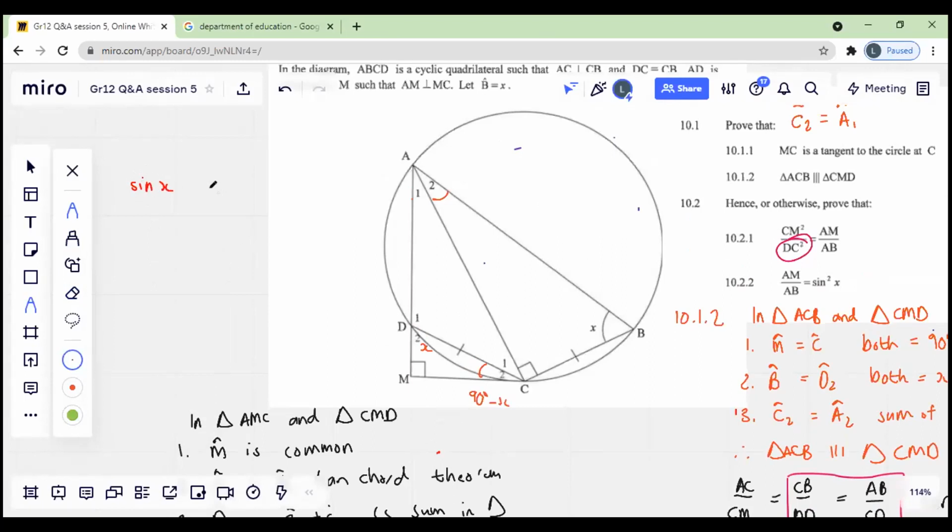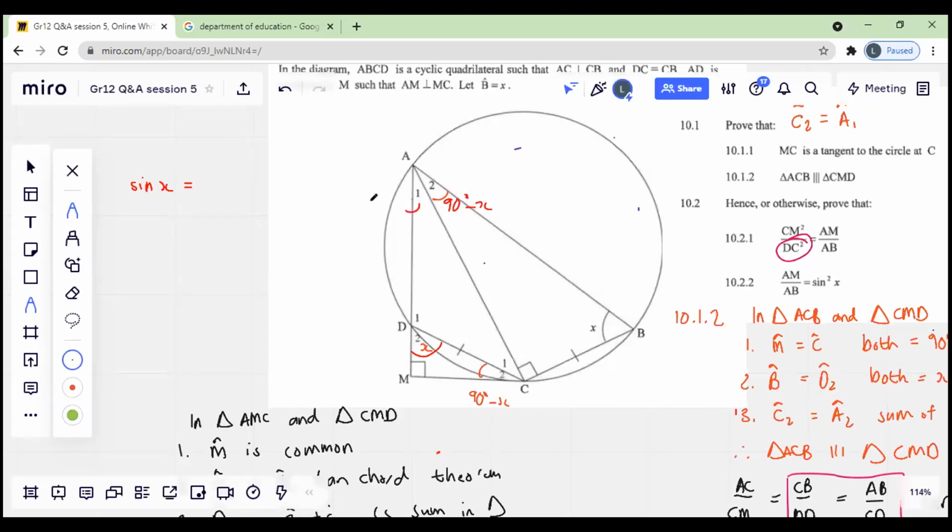So if I say sine X, let's just write down all the angles. So that was X over there. That's X over here. What was this angle? That was 90 minus X, wasn't it?